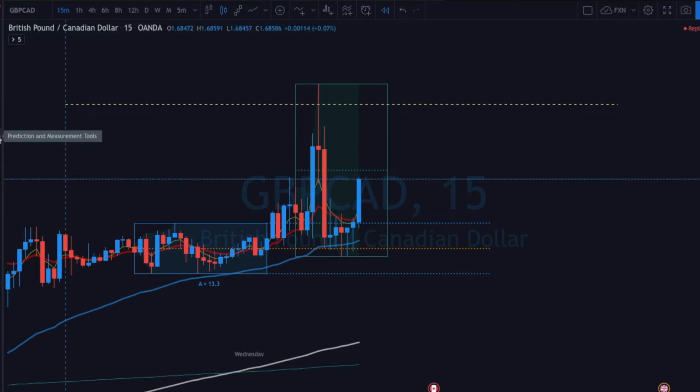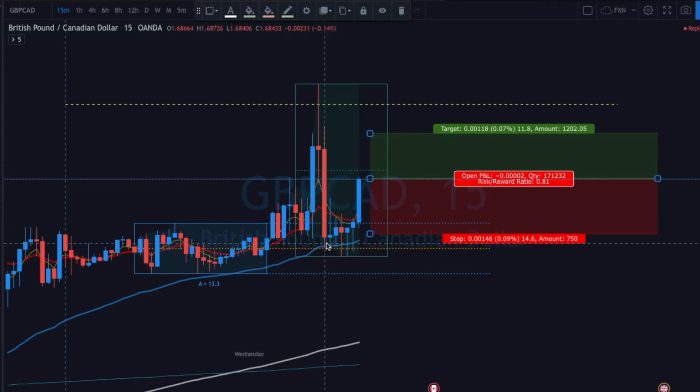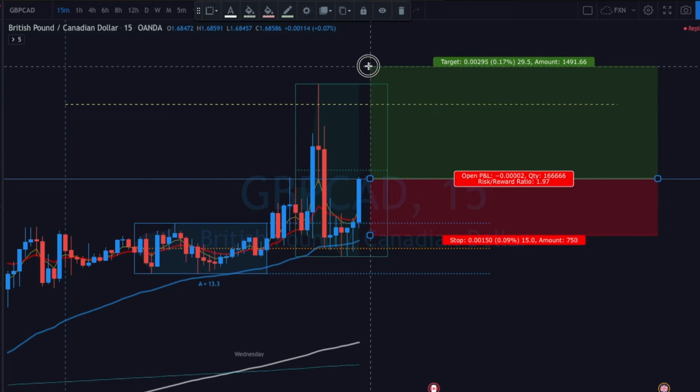Is that a potential trade setup? If this is a type 3 setup right here, because it keeps getting rejected, you have a 14 pip stop loss. Let's just make it an even 15 below, and your gain would be 30.